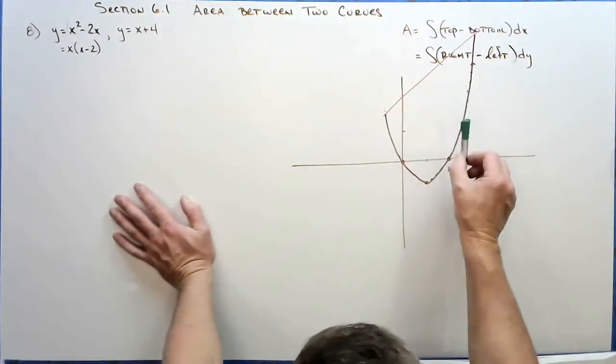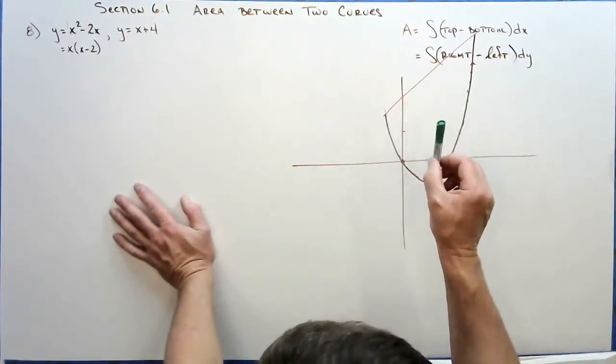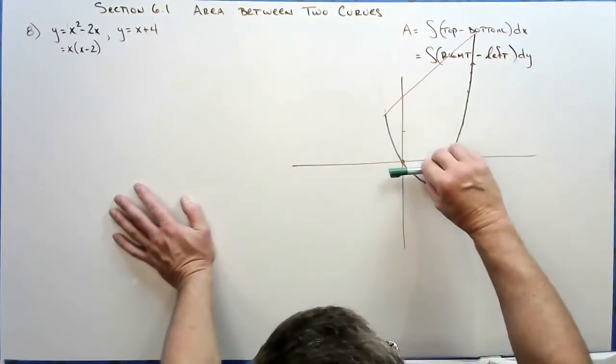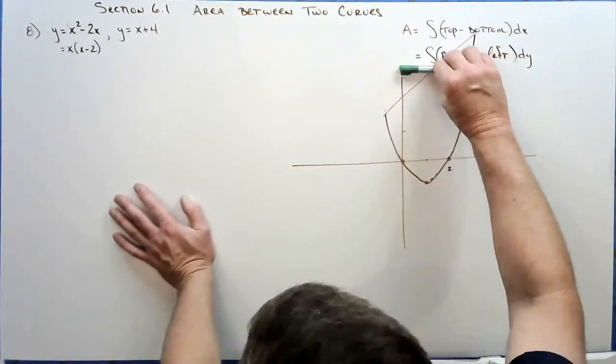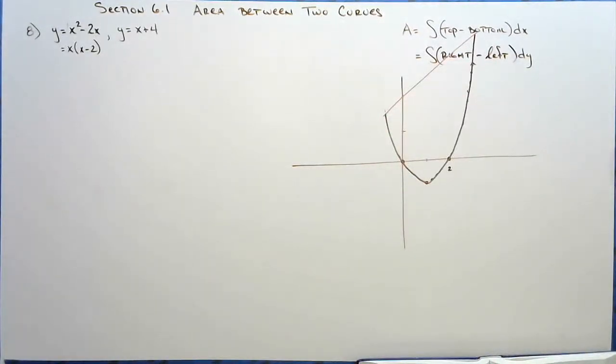If our approximating rectangles are going to be horizontal, then we're going to integrate with respect to y. Now, in this problem, we could choose either of these. We have the ability to do it either way. One way, however, is much easier than the other one.